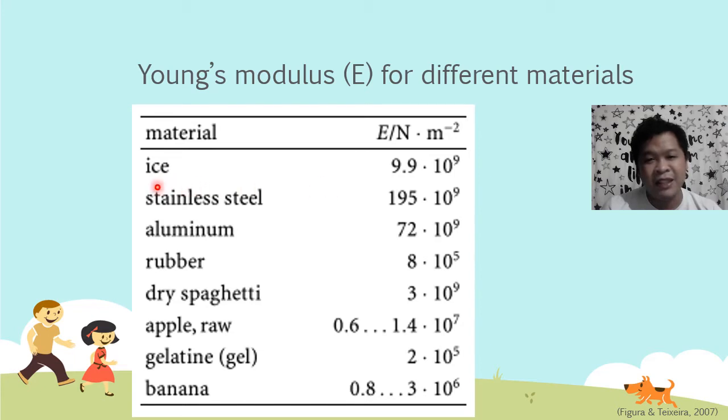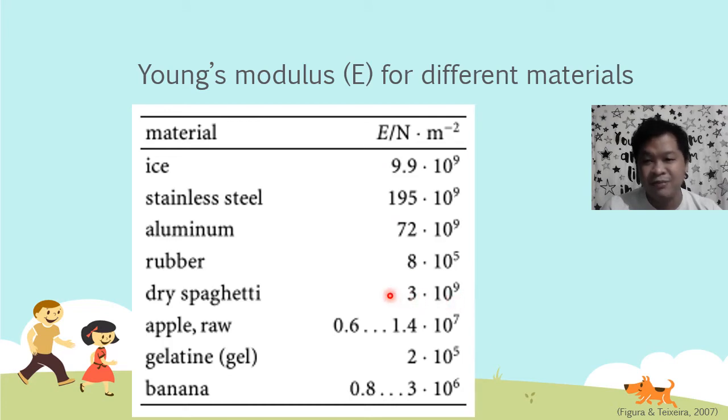For stainless steel, well, steel will deform, but it will take a lot of force to deform steel. So, take note, mas mataas yung value for steel than ice. So, I don't know sino nag-arrange nito, bakit hindi naman in order.